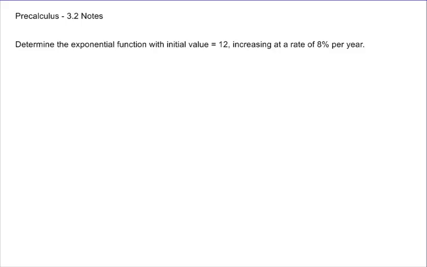Okay, so we want to determine the exponential function with initial value of 12, increasing at a rate of 8% per year. And so just recall real quick what that population function looks like. It was the population over time is equal to your initial population times 1 plus the rate to the t power.